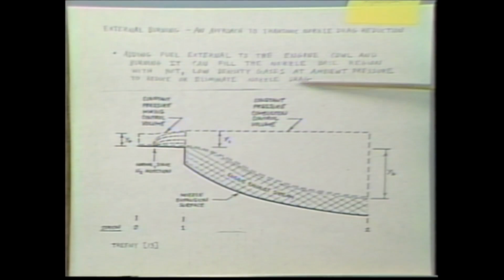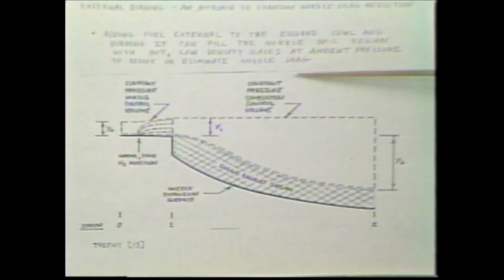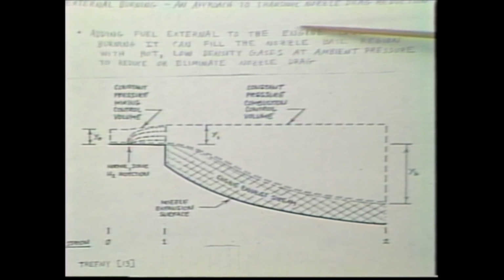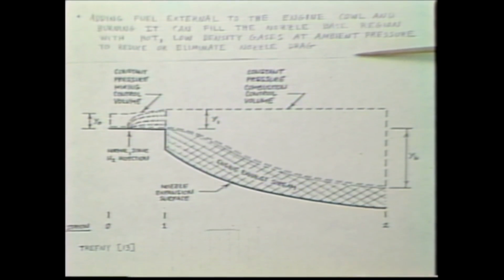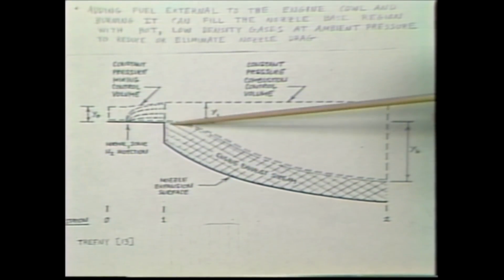Now, Dr. Lewis mentioned the possibility of burning externally. Well, this is one means that you can alleviate that transonic drag: add fuel external to the engine cowl, and burn it to fill the nozzle region with hot, low-density gases at ambient pressure. In the case where you don't have that, you can see what's happening.